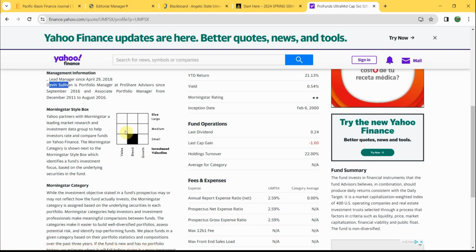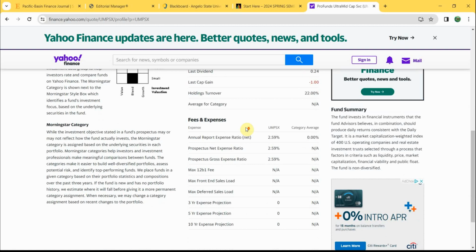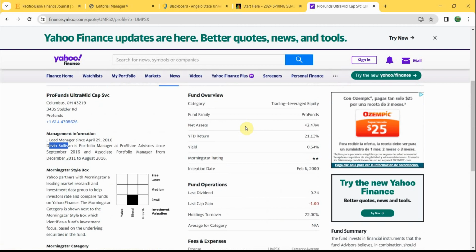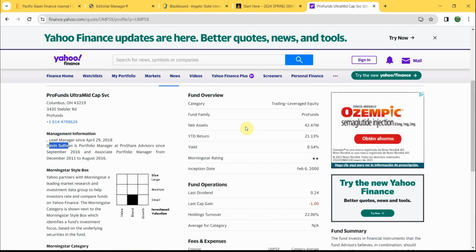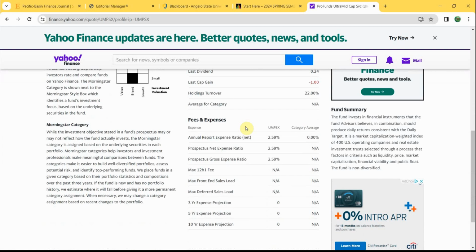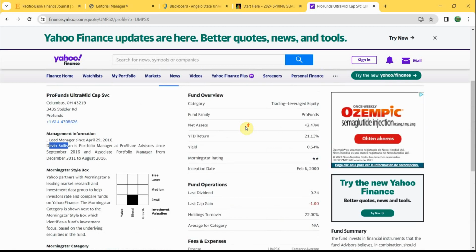It's more like a blend of both. So that's the investment style. This website also tells you about other features, like the fees, the 12b-1 fees and front load fees, the operating expenses, net assets, and so on.